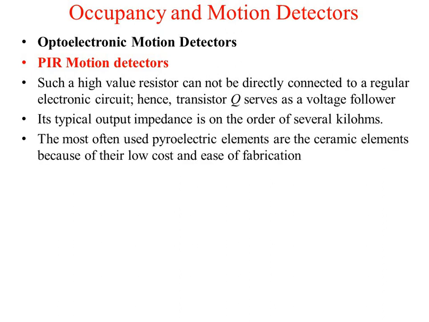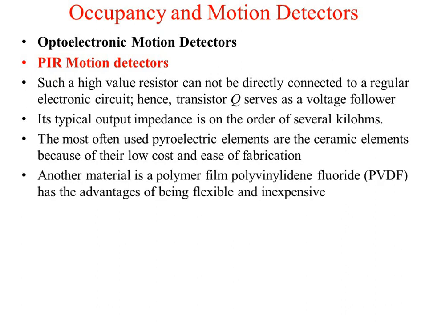That's why it is called an impedance converter circuit. Most pyroelectric elements use ceramic elements because of low cost and ease of fabrication. But apart from that, there is another material, a polymer film, which is called polyvinylidene fluoride, also called PVDF. It has the advantage of being flexible and inexpensive.